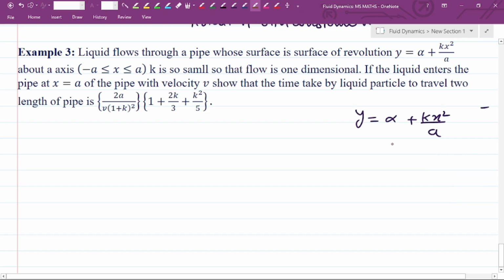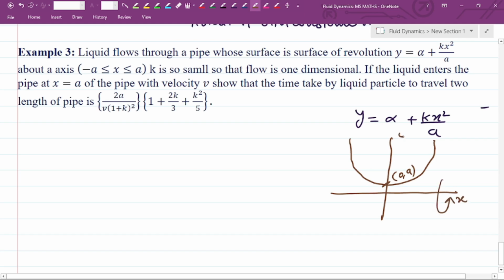So this parabola is represented in this way, where this point is 0 comma a, and it revolves about the x-axis. With x from minus a to a, and k small, the flow is one dimensional.